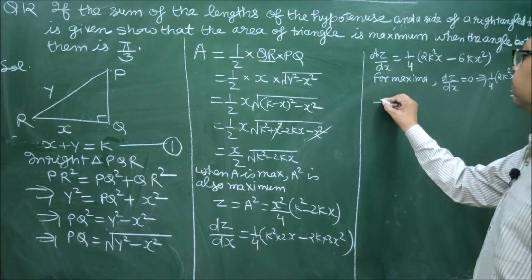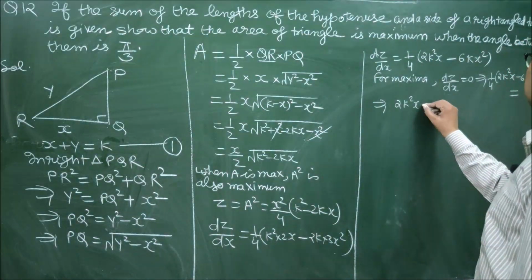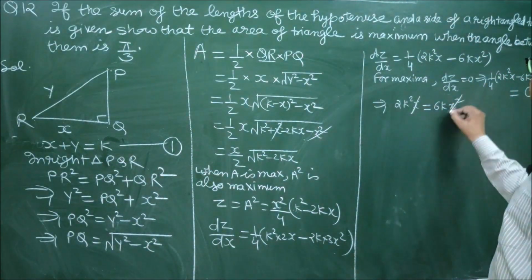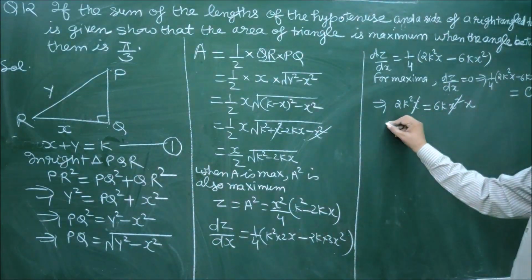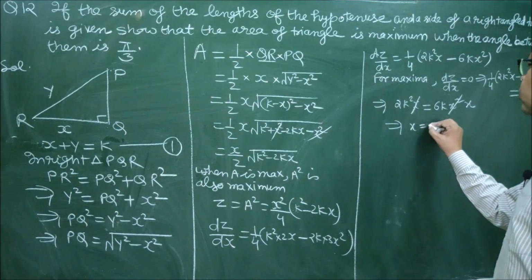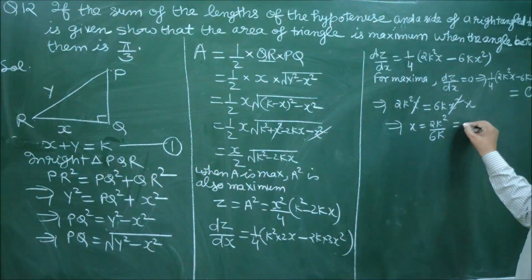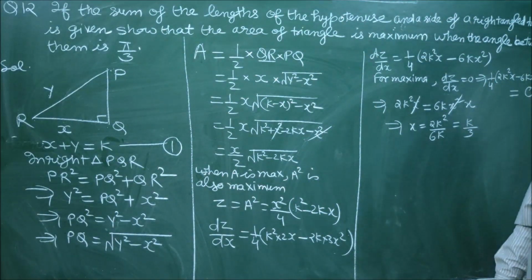So on further simplifying, 2k square x is equal to 6kx square. The x cancels here. So x is equal to 2k square upon 6k, which is equal to k upon 3. So we have got the value of x.